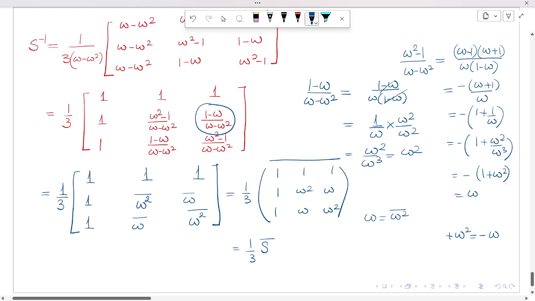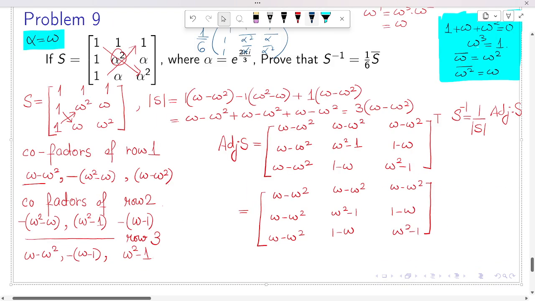We must have missed 2 somewhere, and let us check the calculations once again. We might have missed 2 in the determinant. Omega square, omega power 4 minus omega square minus 1, omega square minus omega, omega minus omega square. Omega plus omega is 3 omega minus 3 omega square.